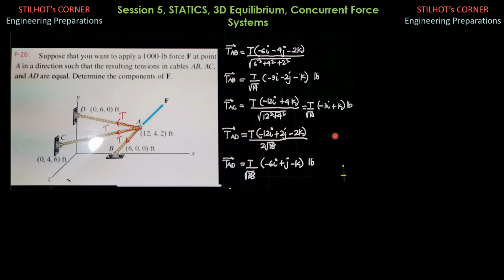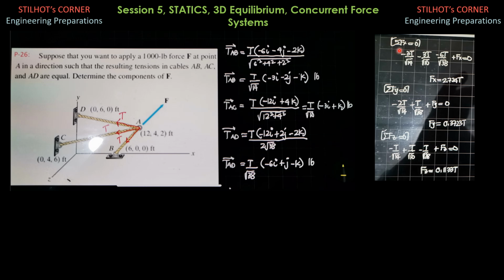We then apply the equations of statics, summation of forces in x equals 0. The x component of tension AB is negative 3 over square root of 14 T. Then for AC, negative 3 over square root of 10 T. Then for AD, negative 6 over square root of 38 T. Then plus the x component of the force equals 0.